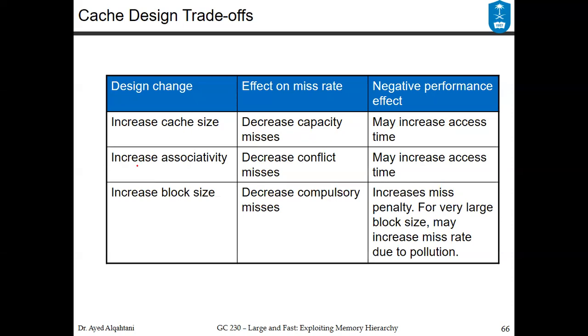Now, increasing the associativity will decrease the conflict misses, because you have more locations in every set, but it may increase the access time as well. Increasing the block size decreases the compulsory misses, but increases the miss penalty, since the block size is now bigger. For very large block sizes, it may increase the miss rate as well due to pollution.